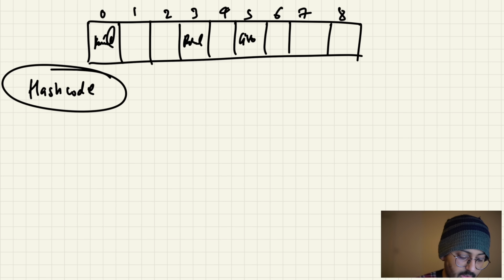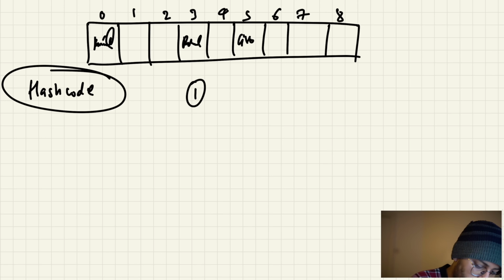You give it to the function and it will create a number out of it using some formula. Two problems arise here. The keys in the array have to be integers. If you have Kunal, you need a number for Kunal. How are you going to convert Kunal into a number? You use the hash code function.